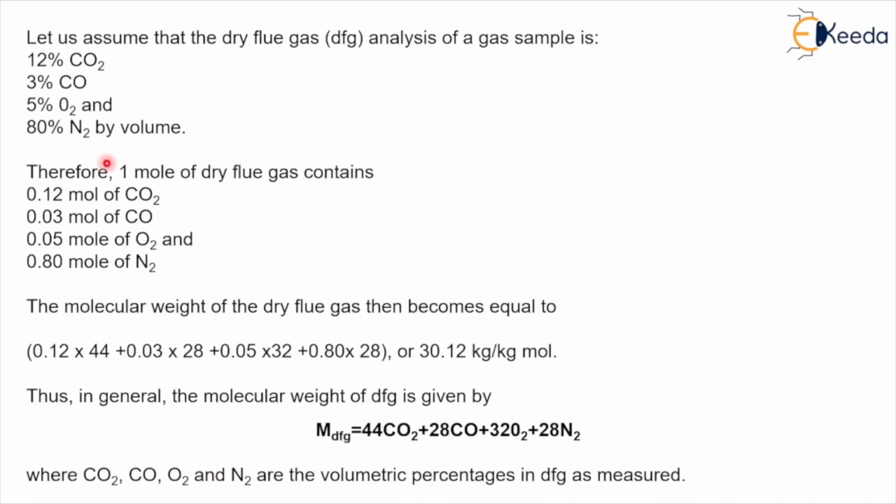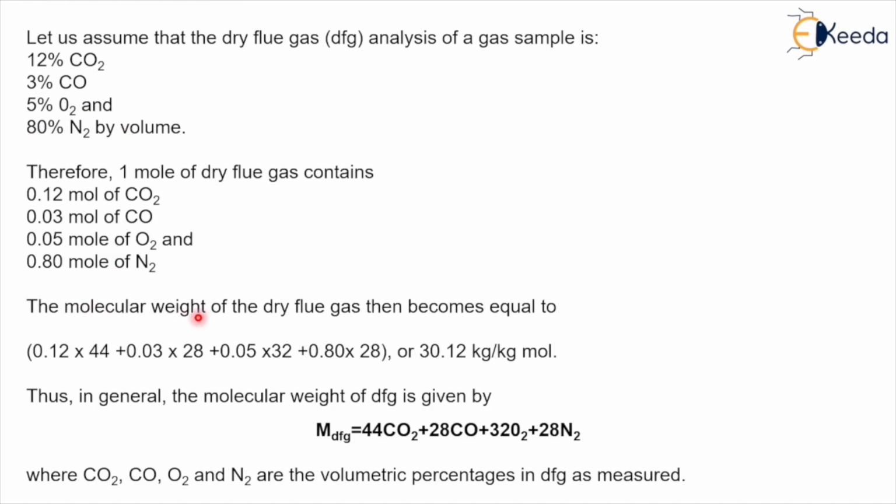Let us assume the dry flue gas analysis of a sample: carbon dioxide 12%, carbon monoxide 3%, oxygen 5%, and 80% nitrogen by volume. Therefore, 1 mole of dry flue gas contains 0.12 mole of CO2, 0.03 mole of CO, 0.05 mole of O2 and 0.80 mole of nitrogen.